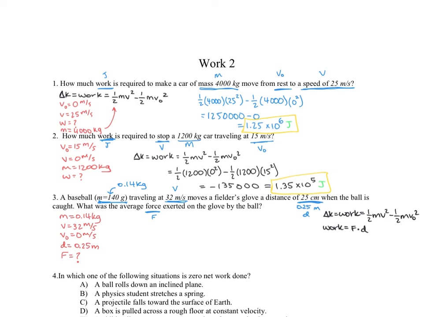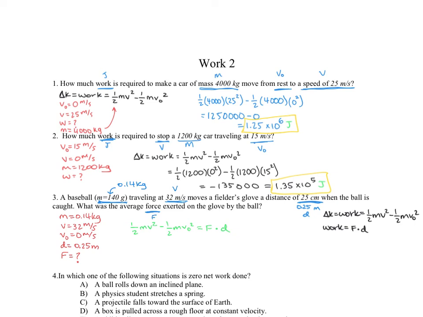We would have to set these equations, 1/2 mv squared minus 1/2 mv naught squared, together with force times displacement. So we're setting these two equations against each other because since both of these equations equal work, we are able to set them equal to each other because they will always be equivalent when you're given the right information. They will always be equivalent because they both equal the same amount of work.